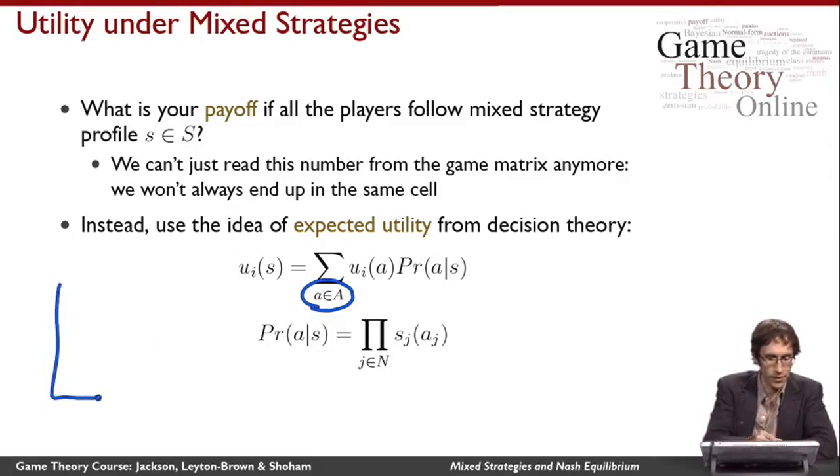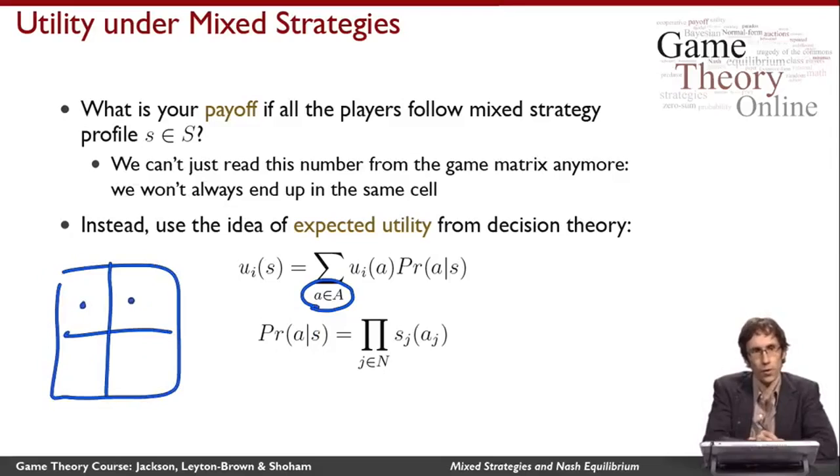You can kind of think of this intuitively as the sum over all of the cells in the normal form of the game, where I take the utility of each cell and I multiply it by the probability that that cell will be reached in the given mixed strategy. The probability of getting to cell a, strategy profile a, action profile a, given strategy profile s.